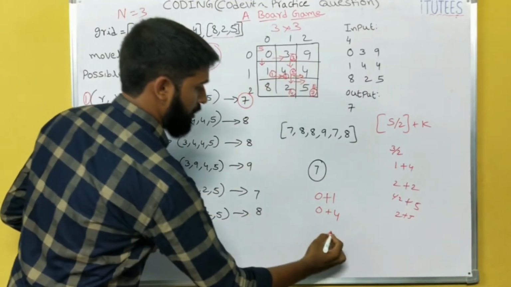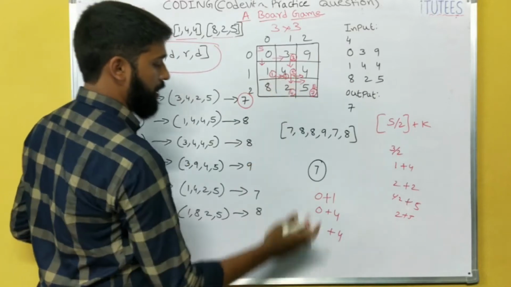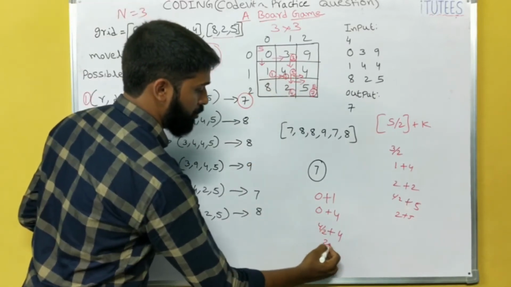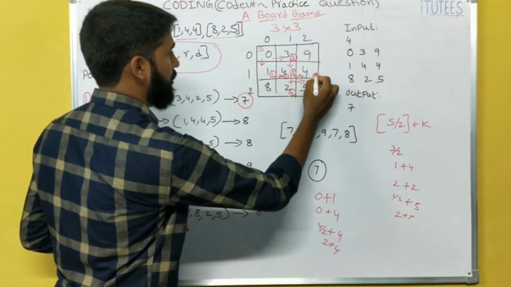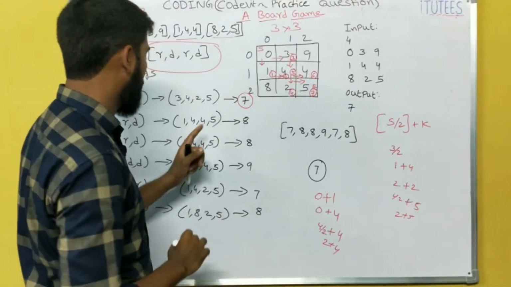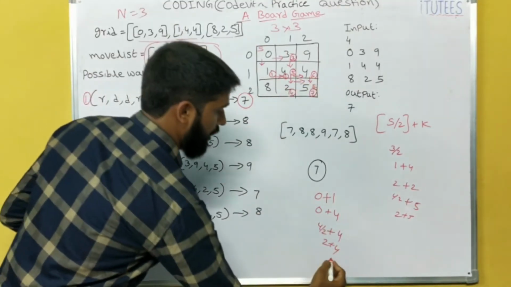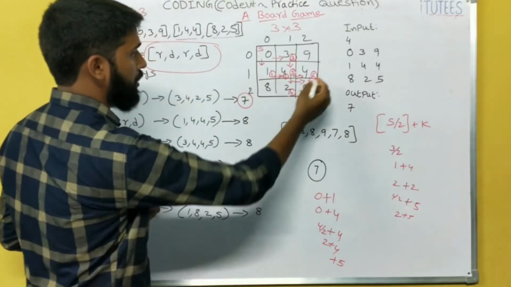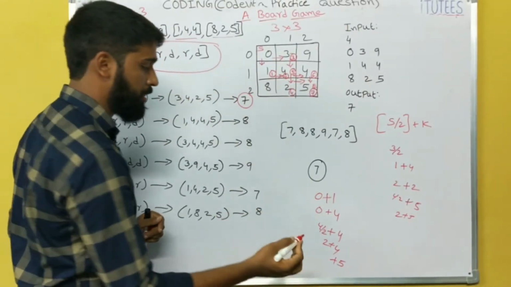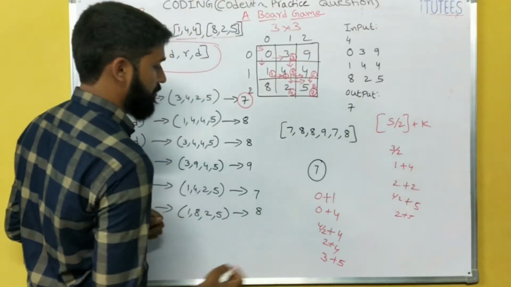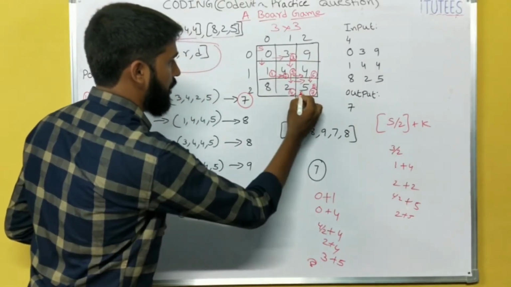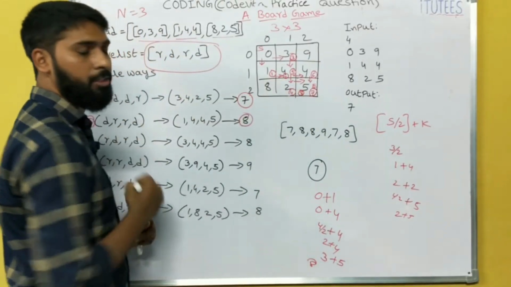Here 4, so previous value 4. 4 by 2 means 2, plus 4, 6. 6 here. Next, down. What is the K value? 5. Previous value 6. 6 by 2 means 3. 3 plus 5, 8. So this is the 8.